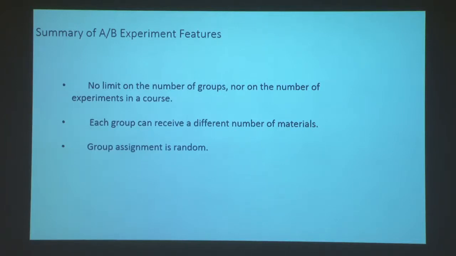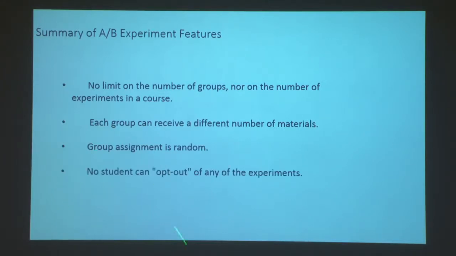Group assignment is completely random, so you can't manually match 2 populations because they have the same abilities. Right now, the course creator has no control over the assignment process. We rely on the central limit theorem for fairness.